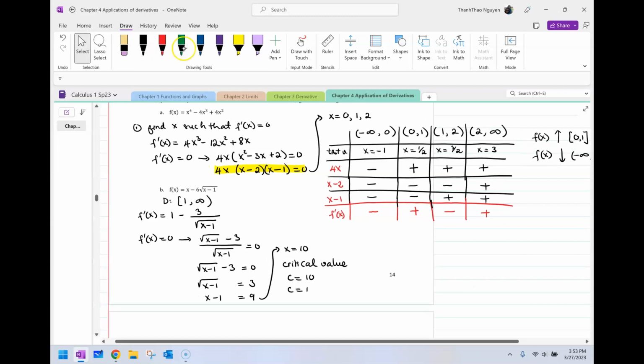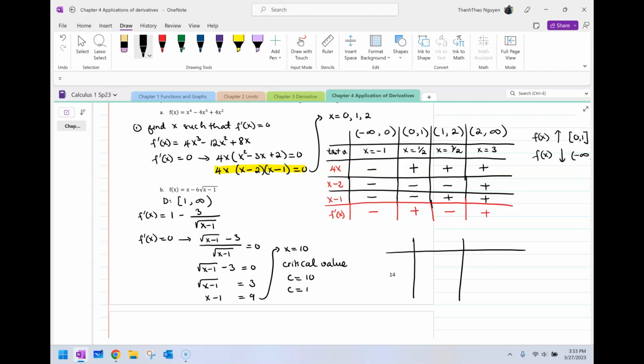Then we consider the intervals for increasing and decreasing: from 1 to 10 and from 10 to infinity. For f prime of x, we will consider this part of the function.